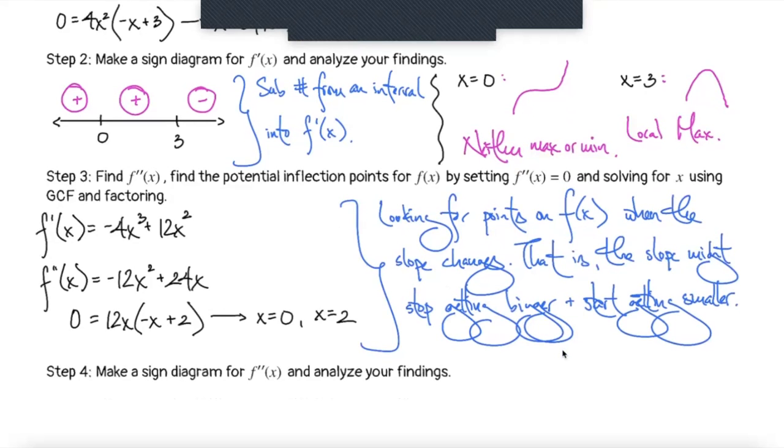So if we were to sort of spell that out in words, this idea of an inflection point means that we're looking for points on f of x when the slope is changing. We're looking at how the slope is changing. And in particular, that is the slope might stop getting bigger or start getting smaller, or the other way around, the slope might stop getting smaller and start getting bigger. Okay.